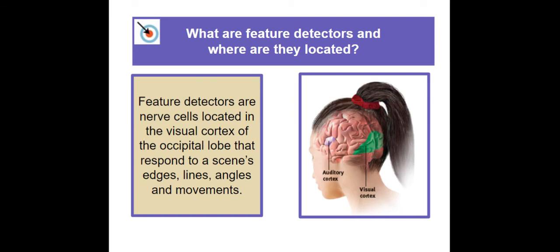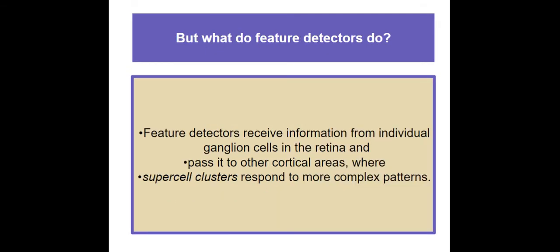Feature detectors allow us to gain information, and to pass elements of what we're looking at, the sensory data, the images in our retina, back to our supercell clusters. Supercell clusters are cells that allow us to interpret more complex patterns. Out of this we get things like gestalts and higher-level interpretation of sensory data.